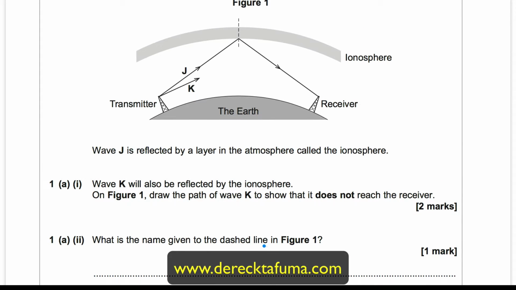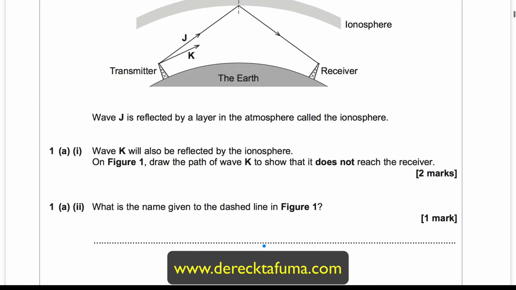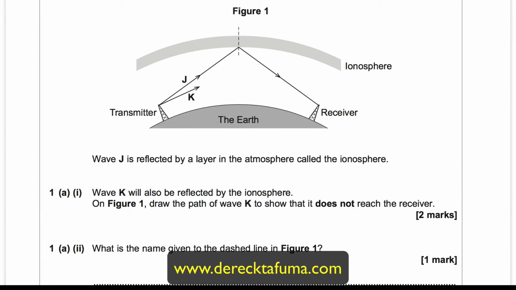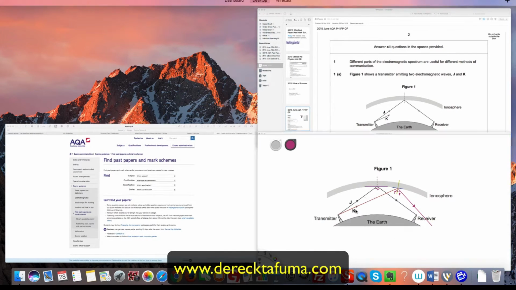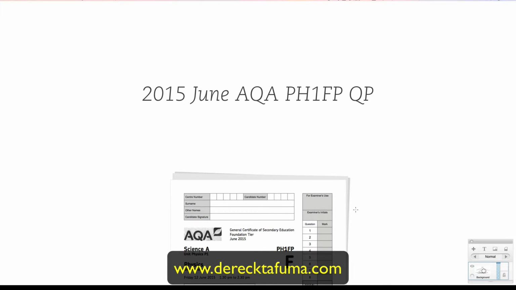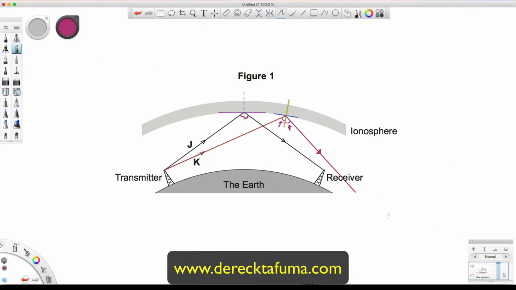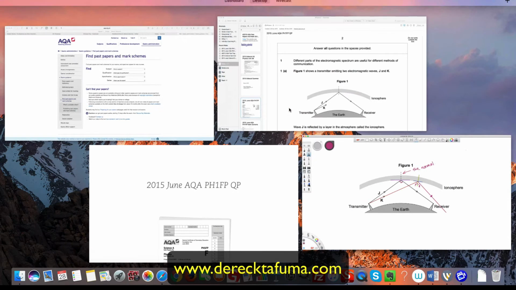The dashed line. So the dashed line, like we said, is called the normal, and this is how you spell normal. So this here is the normal. The dashed line is called the normal.